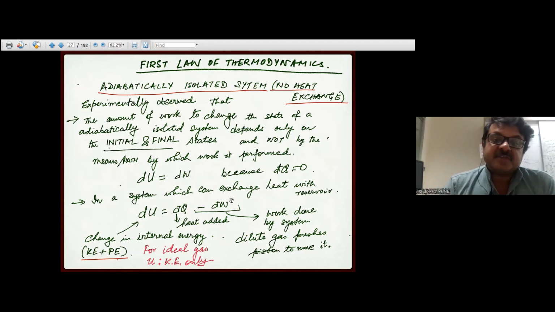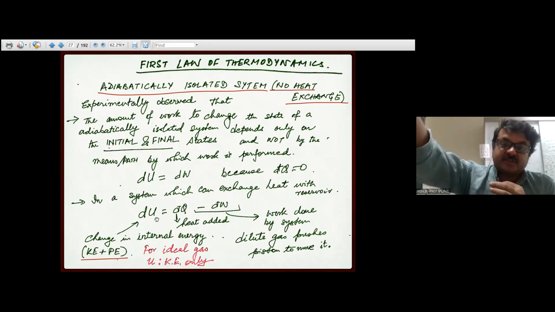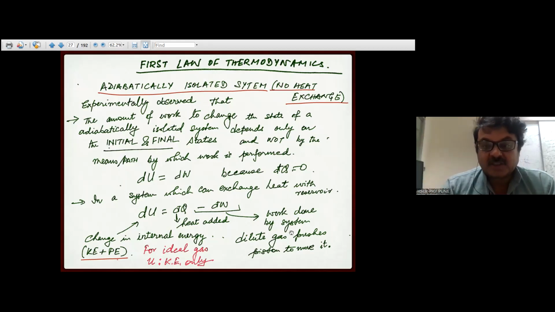Now, in a system which can exchange heat with the reservoir, the first law of thermodynamics becomes dU equal to the heat added. So if you add heat to the system, then its internal energy will increase. And if the system does work, so suppose it pushes some piston, right? So work done by the system, the system is going to lose some internal energy.